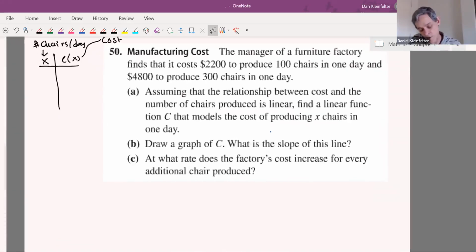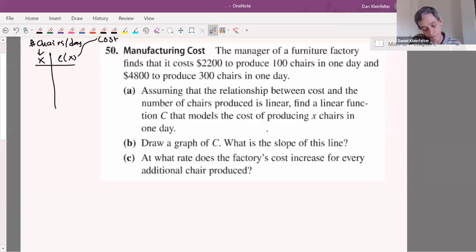All of this is on a per day basis. Okay, so let me compile the information we have. For 100 chairs in a day, it costs 2,200. And then 300 chairs in a day costs 4,800.